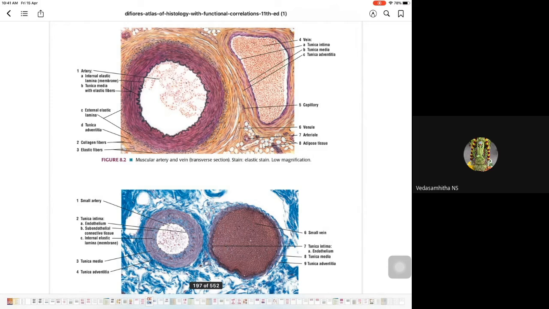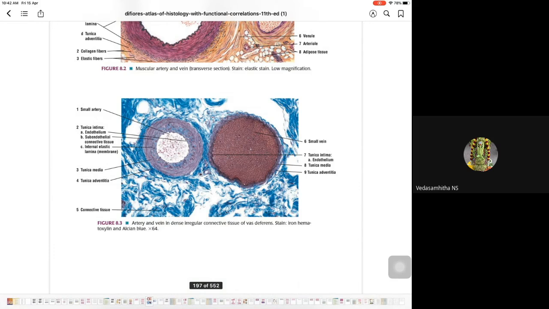Super. Vein: tunica intima, tunica media, tunica adventitia, capillary, venule, arteriole, adipose tissue. Artery and vein and dense irregular connective tissue of vast difference. Stain, iron hematoxylin and Alcian blue.